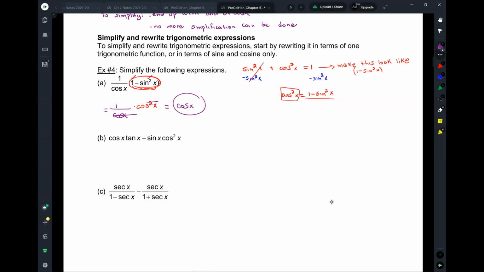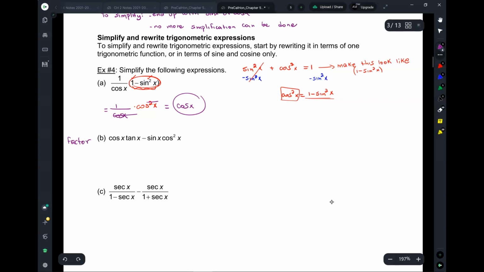So in here I have one example of each type that you'll run into. So this is one where you had to substitute with a trig identity, with the Pythagorean identity. Here is one where you have to factor.